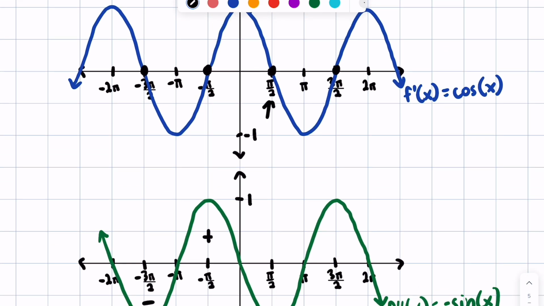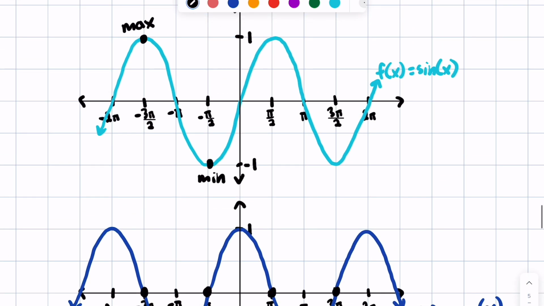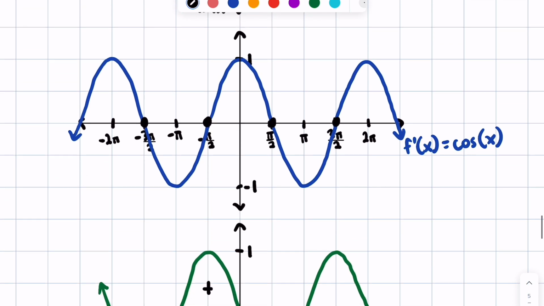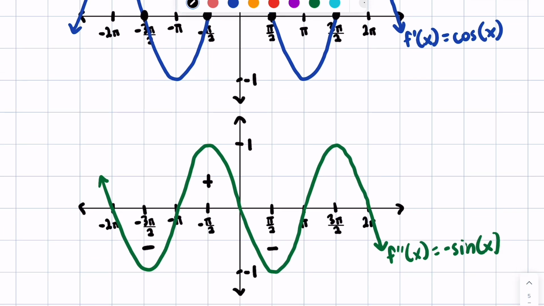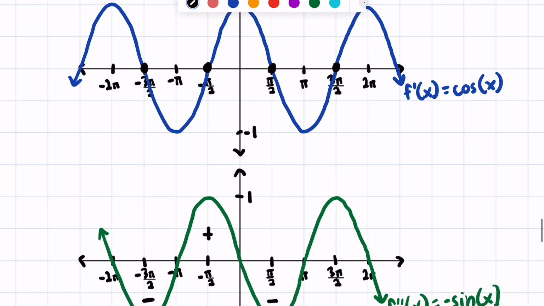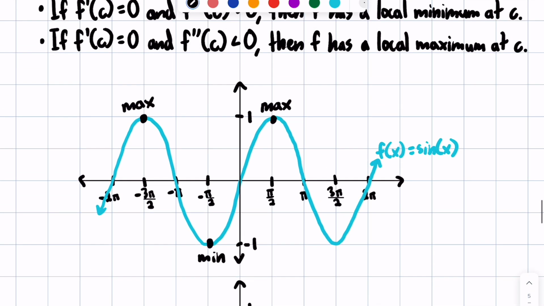At pi over 2, second derivative is negative, so we're going to be concave down, meaning we have a local maximum. And then at 3 pi over 2, which is our next 0, f double prime is positive, which means we're concave up, so we have a local minimum.